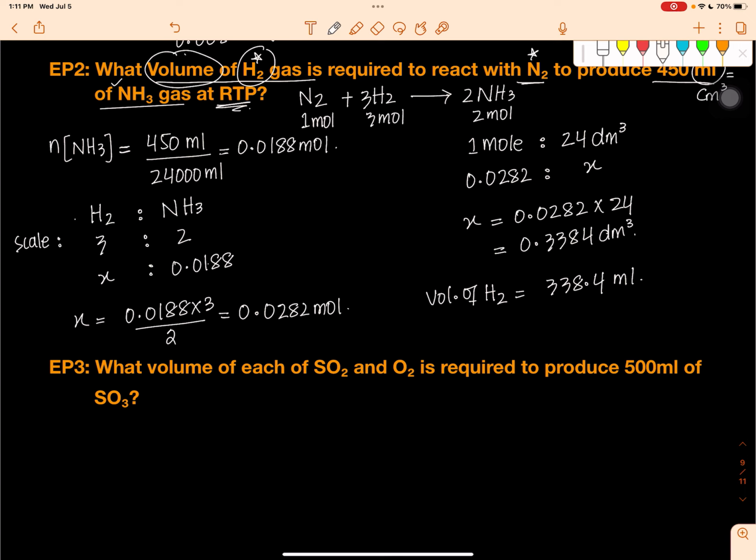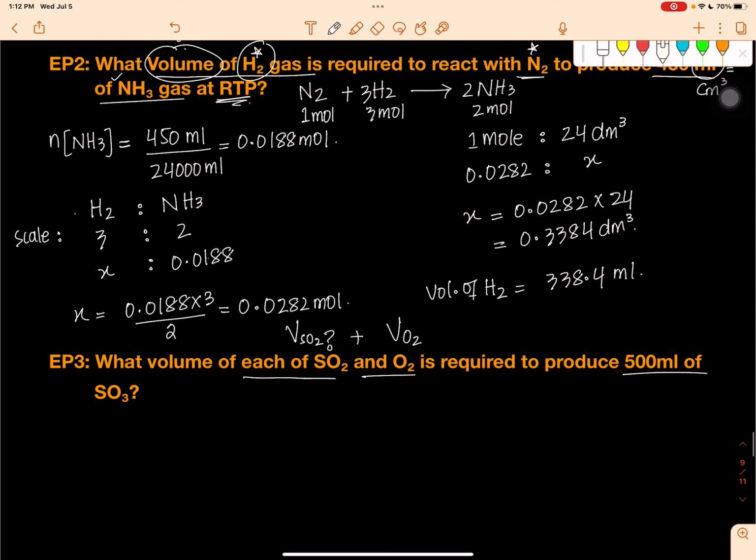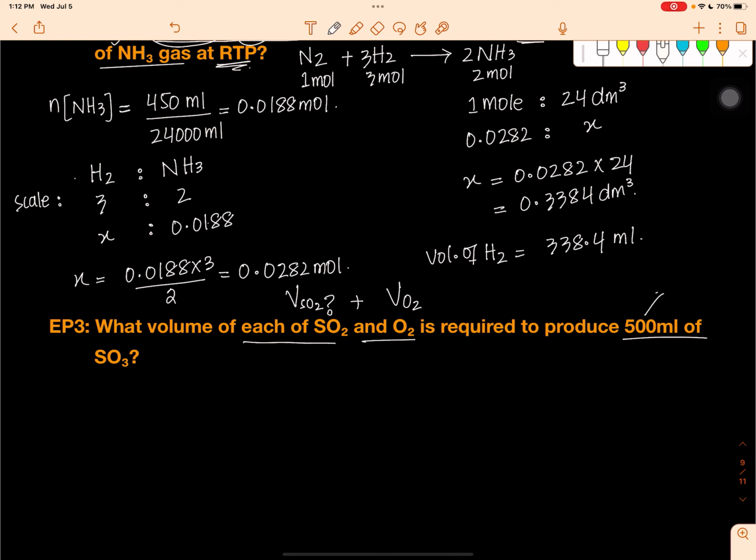But here you are asked about the volume of each of sulfur dioxide and oxygen needed to react together to produce 500 mL of sulfur trioxide. So a bit more complex problem. We are moving in a progressive way. First we need to convert 500 mL of sulfur trioxide into the number of moles.